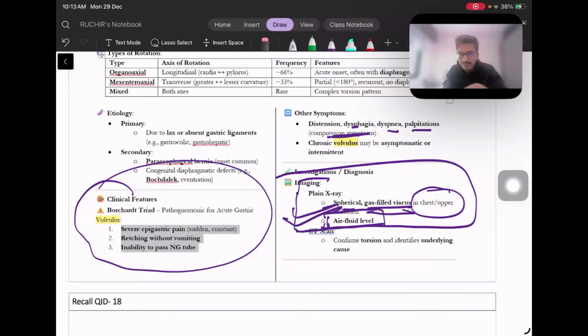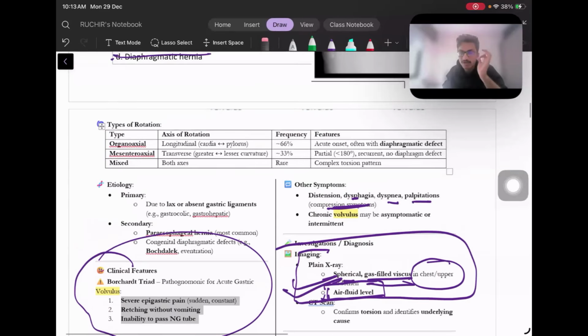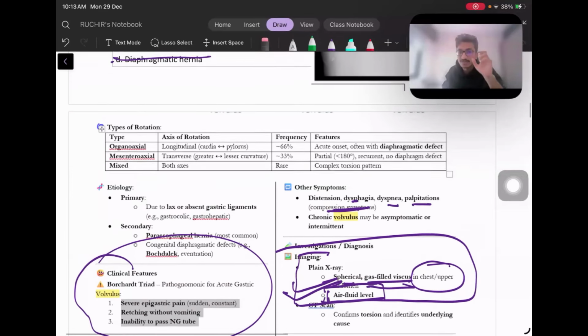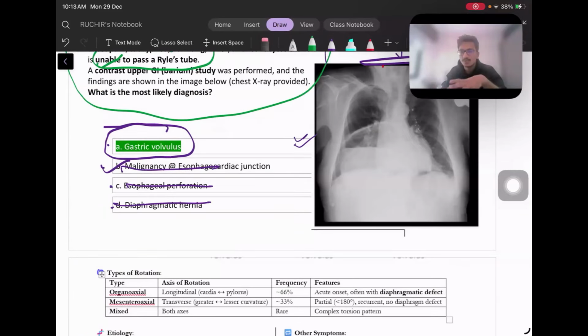Even if it is presenting with vomiting, there is sometimes suspicion of volvulus as well. So remember, it is very important to understand that a typical symptomatology or triad given for any diagnosis does not mean that if those triad symptoms are not there, you will not suspect that diagnosis. You need to rule out and evaluate the clinical scenario as well.